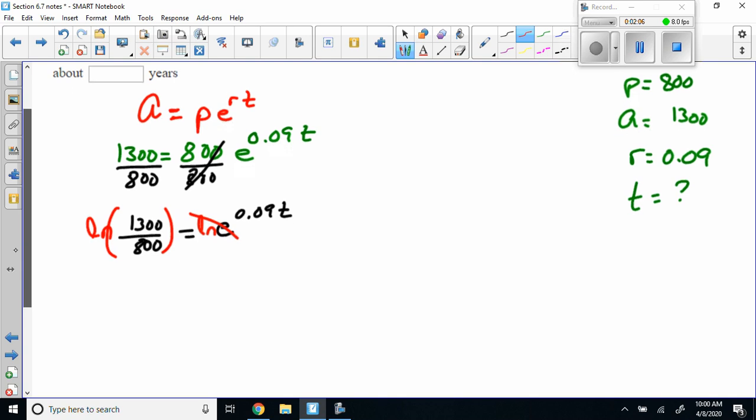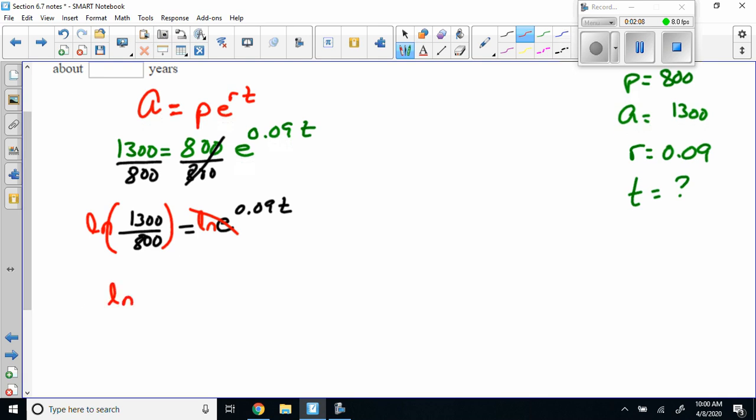Now I like to leave the fraction. I don't like to round because it's just going to cause decimal errors, and we just don't need to be dealing with decimal errors. So we're going to divide by 0.09.